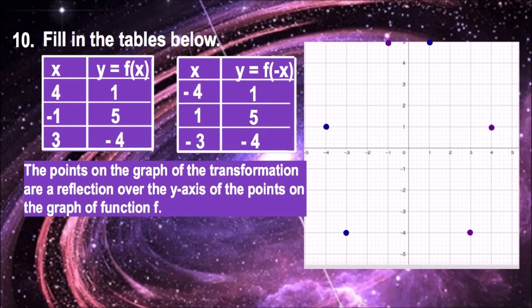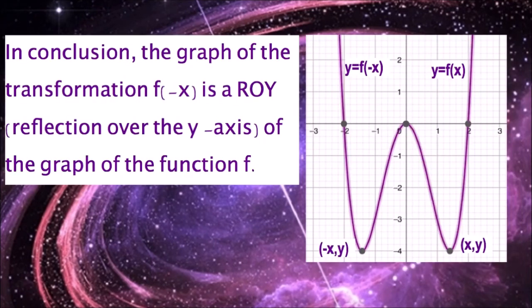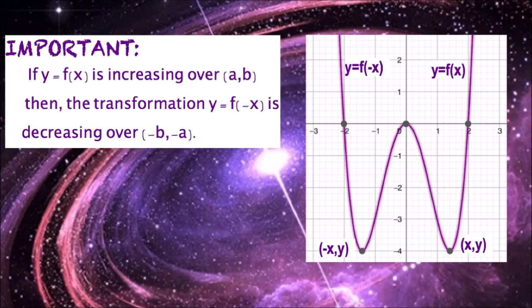The points on the graph of the transformation are a reflection over the y-axis of the points on the graph of function f. In conclusion, the graph of the transformation f of negative x is a reflection over the y-axis of the graph of the function f.